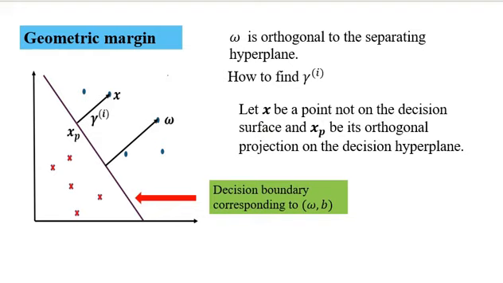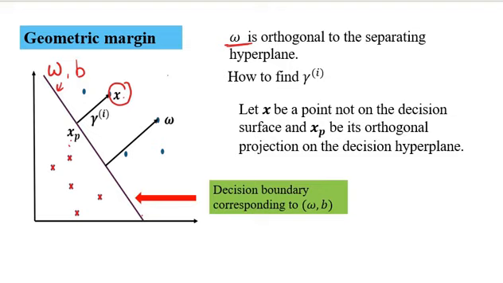Now we consider this decision surface. We have the two types of examples. Now the vector W is orthogonal to the decision surface defined by W and B. Okay, this decision surface, we can check the vector W. Now to find the geometric margin, we take a sample X which is not on the surface and take its orthogonal projection on the decision surface and call it XP.